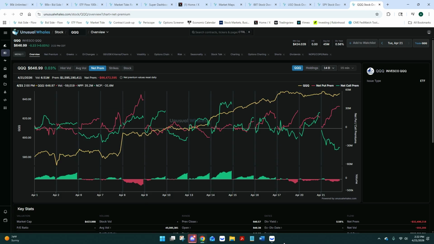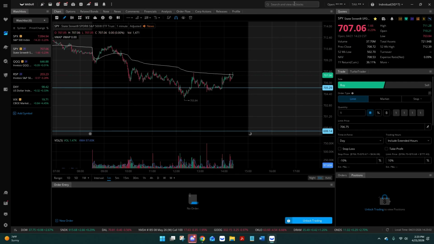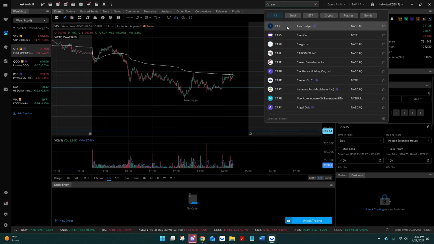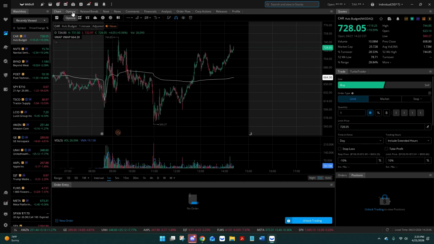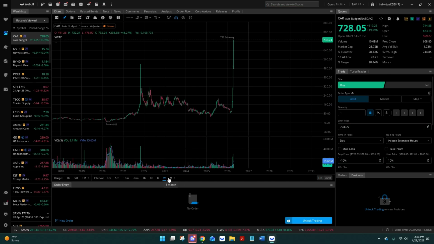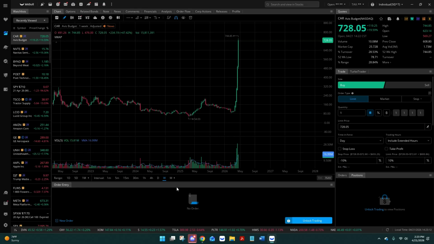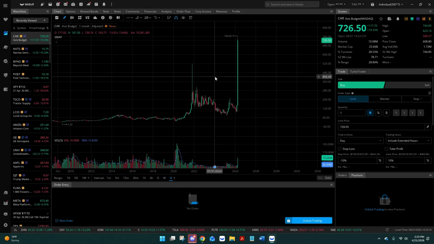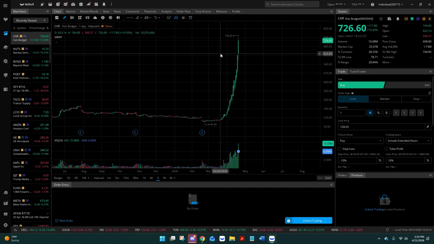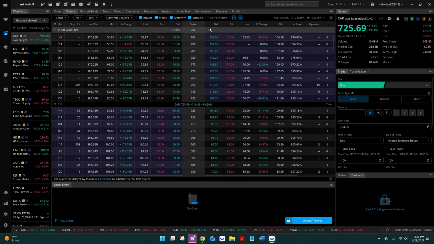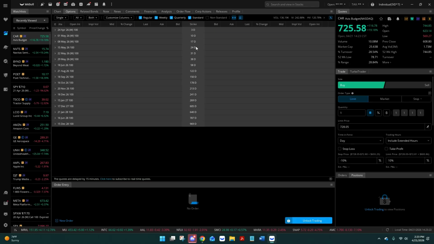I got to come off here for a second. We were looking at it in the chat. Look at that weekly chart on this thing. I would not want to short this thing right now; it's absolutely insane. We were looking at puts just for the fun of it.